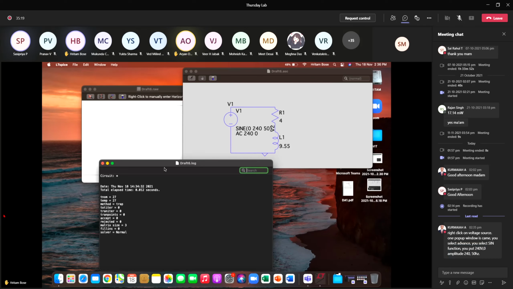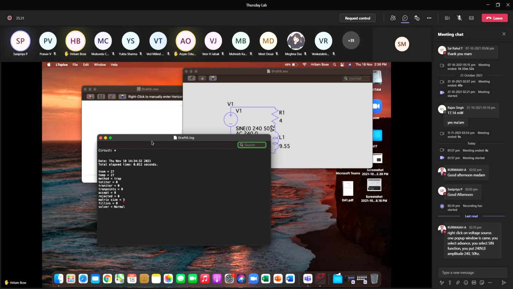Is this also Mac or Windows? Mac only, ma'am. Same issue. He's having trouble seeing this window, but you are getting a window. I got the same window as Rhythm. Okay, he also has got the same thing. Ma'am, but the AC command is not running.